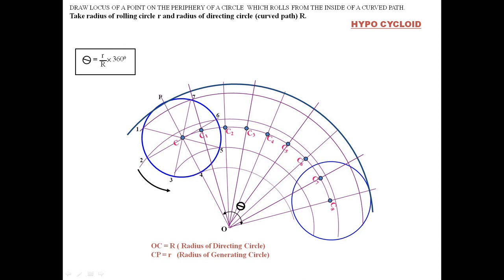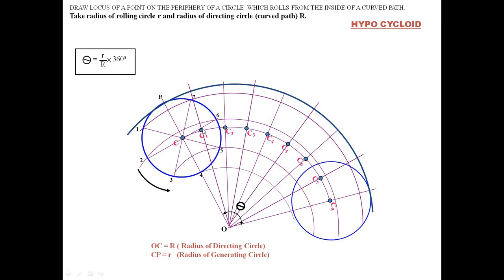So the position of the point will lie below here, on this arc. The locus of P is here, and since it is situated at a distance small r from the center C, it will have the same position with respect to C1.